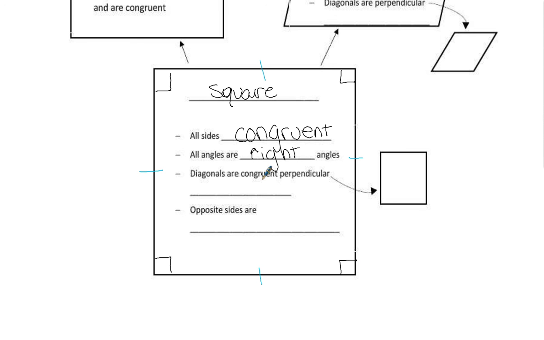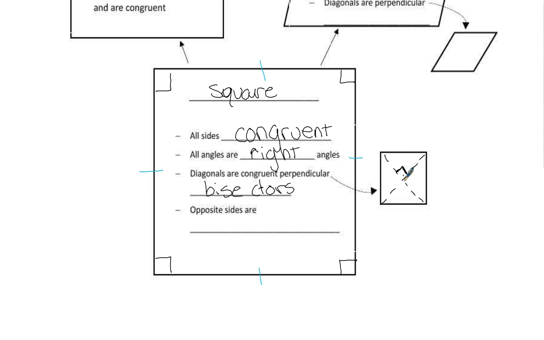Diagonals are congruent perpendicular bisectors. So if we go over to our square and we bisect this, they are going to be perpendicular, and that perpendicular means that they intersect at a 90-degree angle.